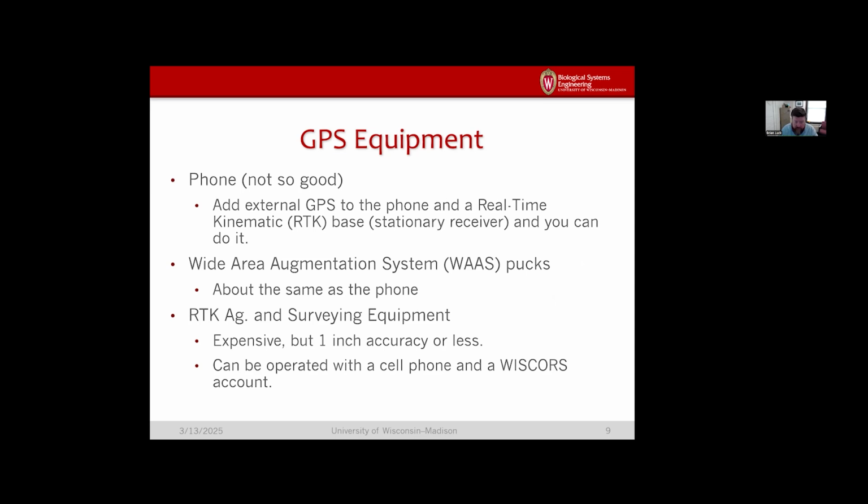It's relatively simple, but that base station should be surveyed into a known location, or could be set over a benchmark that we have from previous uses. Whereas if we're using a subscription, then we just use that correction signal that's 25, 30 miles away, and we're still able to get the 1 inch or less accuracy that we're looking for.